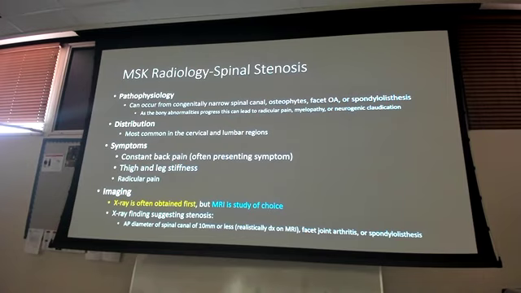We often obtain an x-ray first, because we want to see bones and see if there's any kind of abnormalities there. But then your MRI is your study of choice for spinal stenosis. Why is the MRI the study of choice? Because I want to see if that spinal canal has any type of constriction to it.